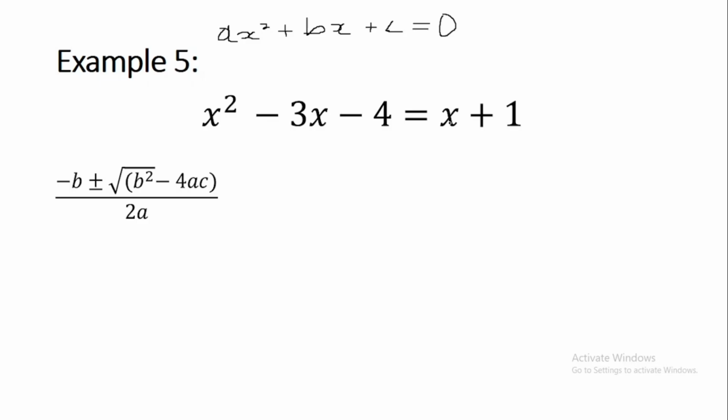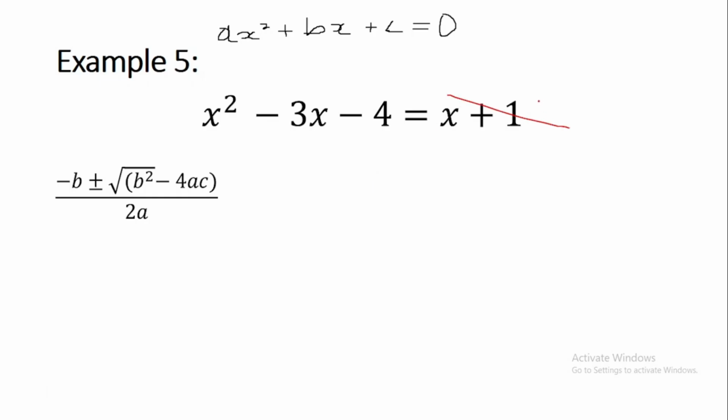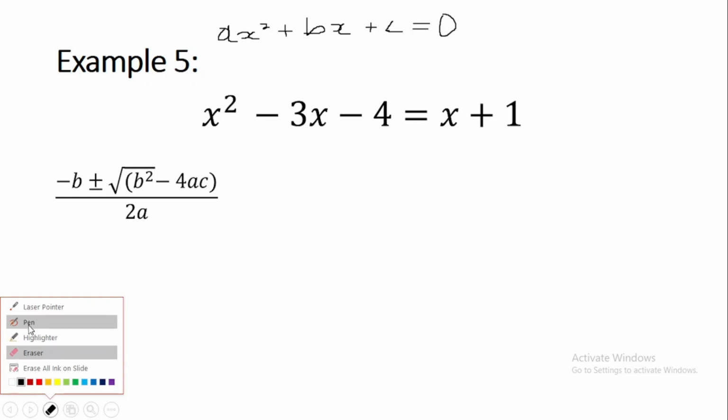So if you look right here, we have x plus 1 where 0 should be. We need to move these two terms so it should be equal to 0. Alright, so what we're going to do is move our two terms over to the other side of the equal sign.